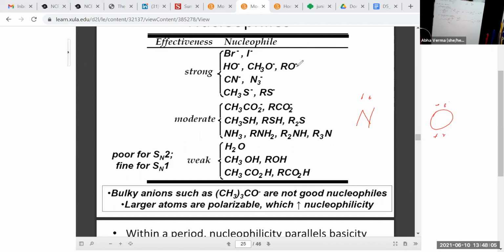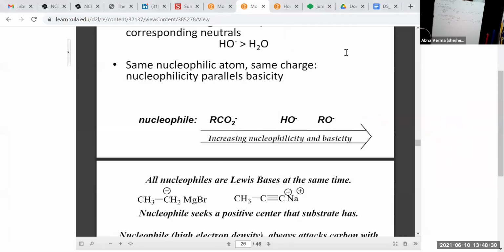The more electronegative elements want to hold on to their electrons, whereas less electronegative elements can still give away electrons compared to more electronegative elements. Even if they don't want to, compared to oxygen, nitrogen will be a stronger electron donor.